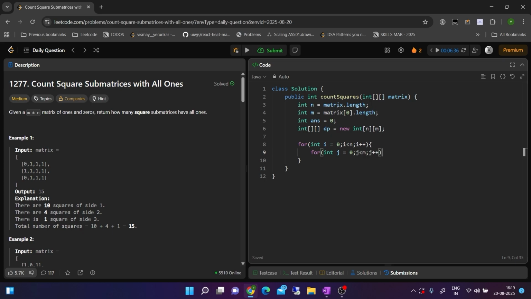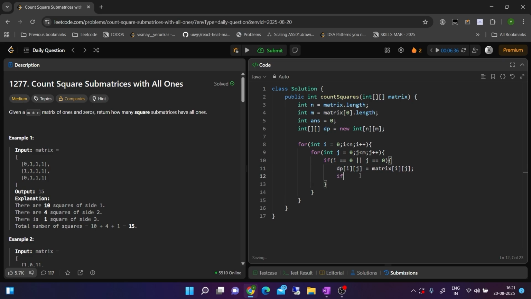Okay, now we know that for the first row and first column we were copy pasting the values as they were present in the matrix. So if our row is 0 or our column is 0, then what we were doing is just copy pasting it in our dp array, which is dp of i j equal to matrix of i and j.